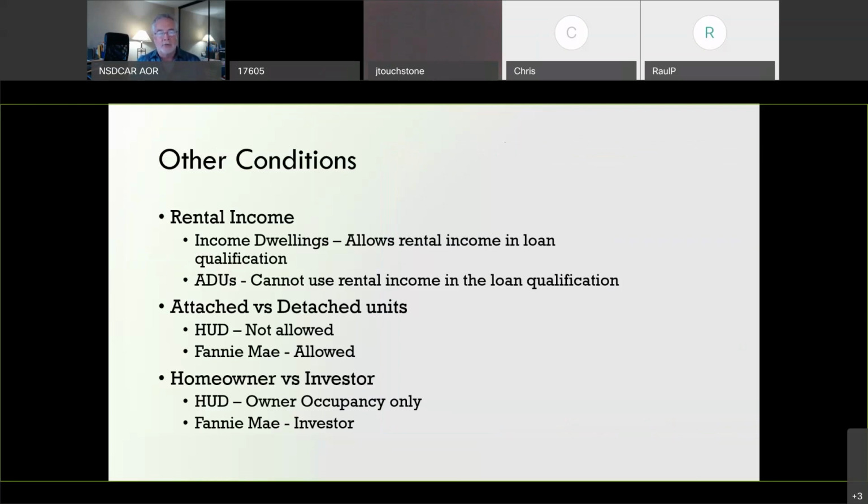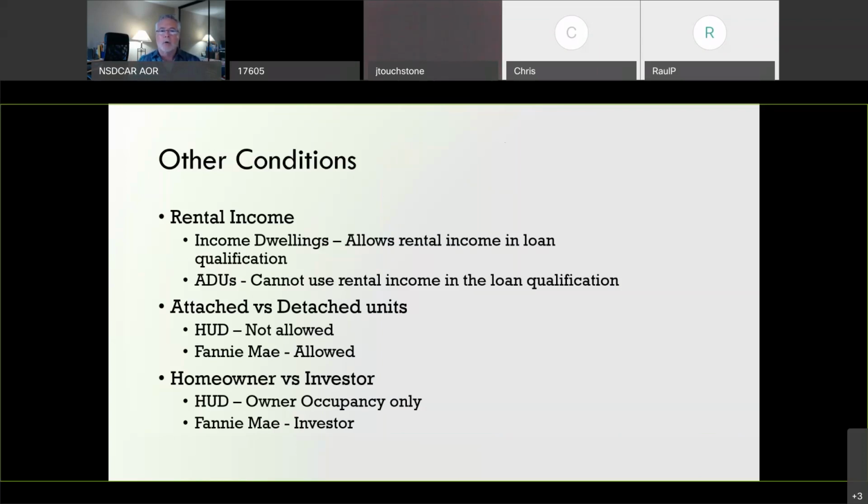Some other issues to be aware of. A lot of the income properties that I showed you that we completed, not the ADUs, but the other income properties that we've created, we've been able to use the rental income to help them qualify for the loan.